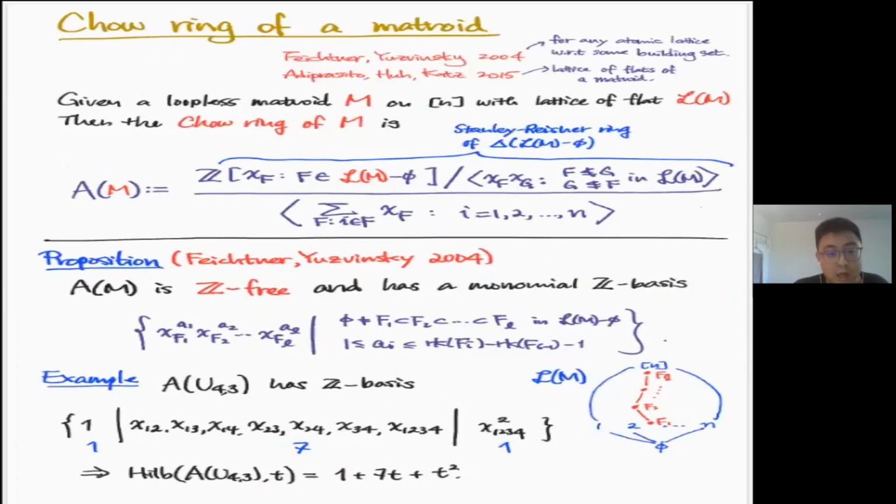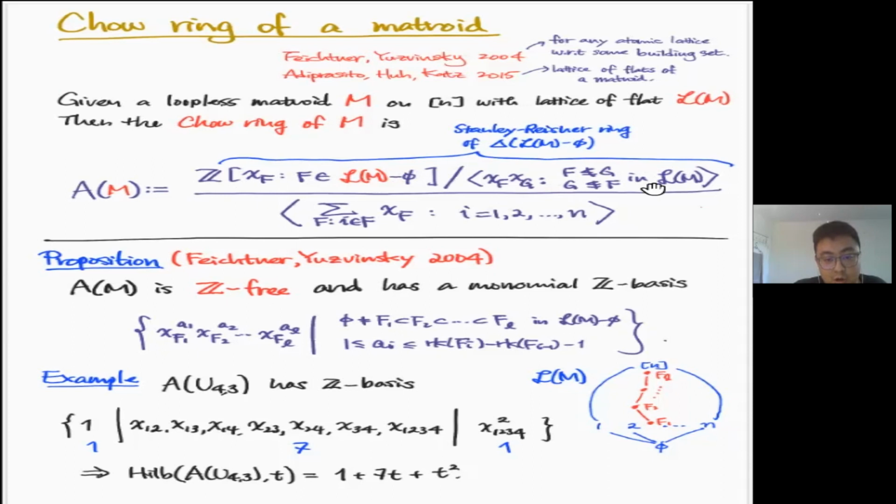Now, given a loopless matroid M on the set 1 through n with lattice of flats L_M, the Chow ring of M, which we denote A(M), is defined as follows. It's a quotient of the polynomial ring with integer coefficients whose variables are indexed by the lattice of flats, removing the empty set.